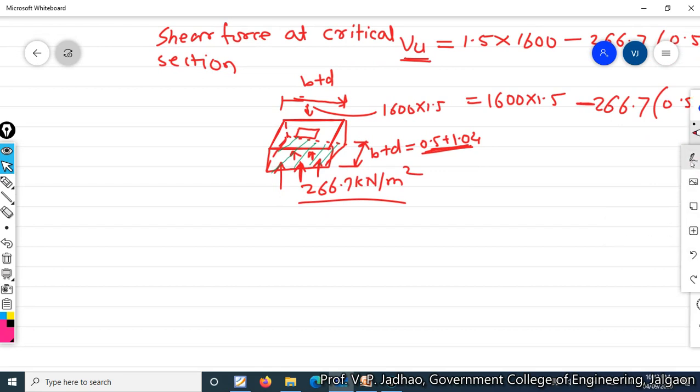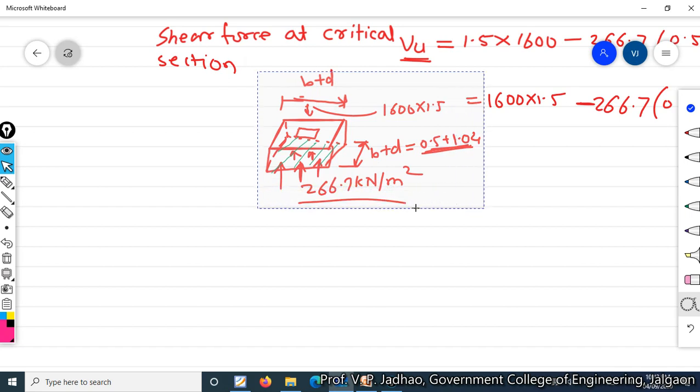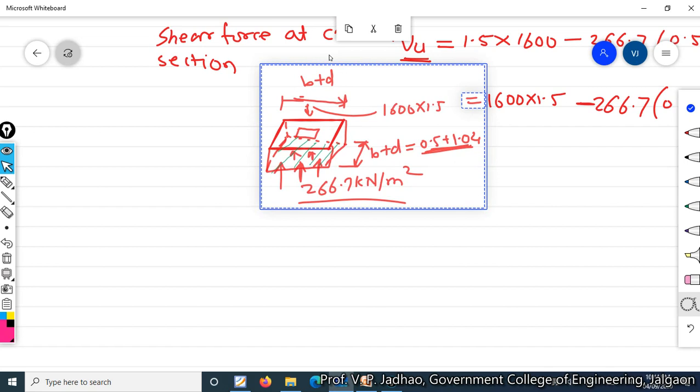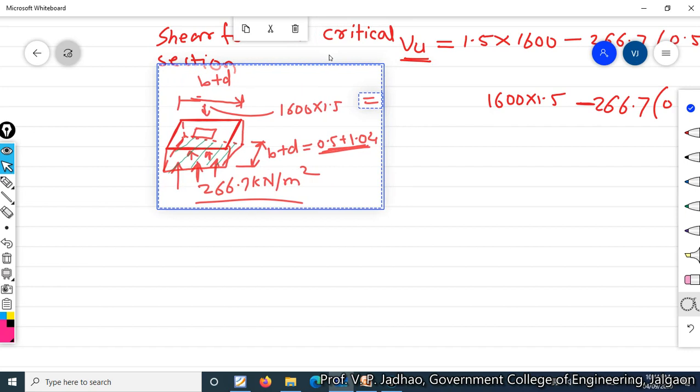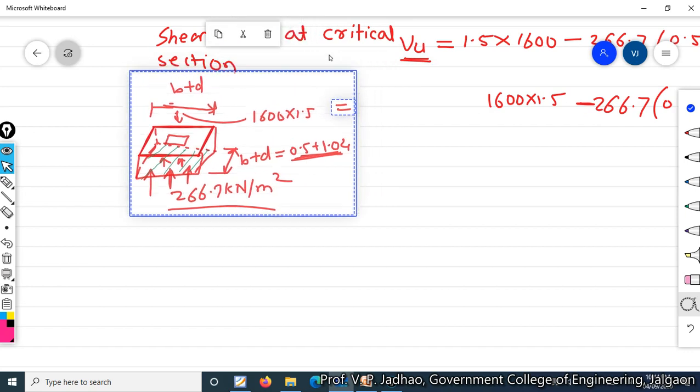If we move this particular portion to the left side, okay, this is for understanding purpose only.